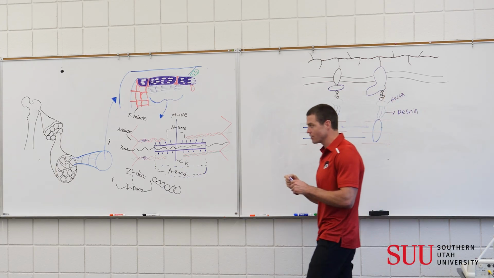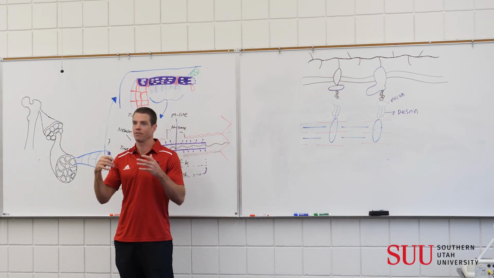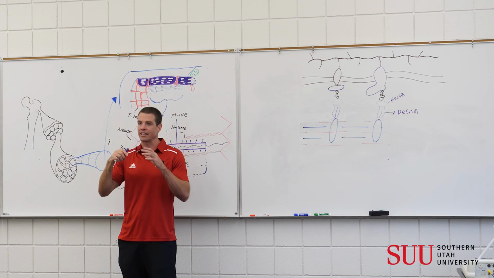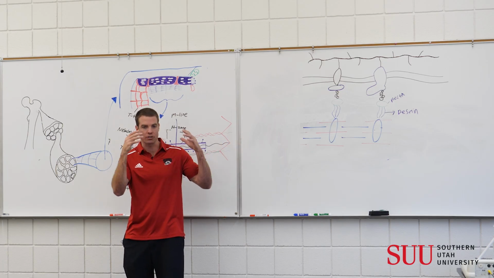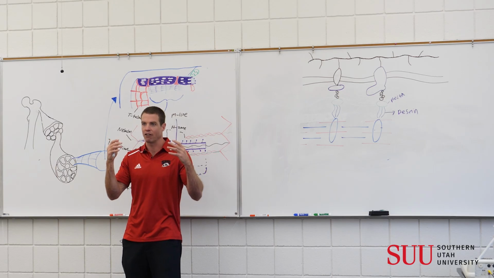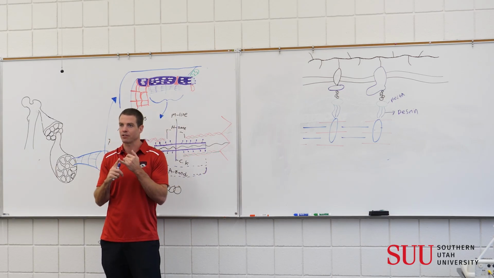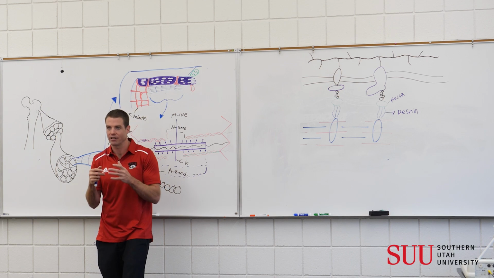Now, the costameres are the proteins that link all the Z discs to the sarcolemma and into the basement membrane. But desmin is essential for the mechanical integrity and the myogenesis of the muscle cell itself.